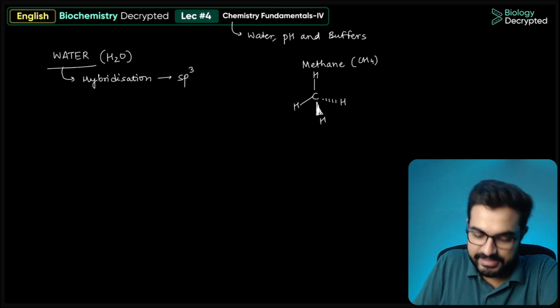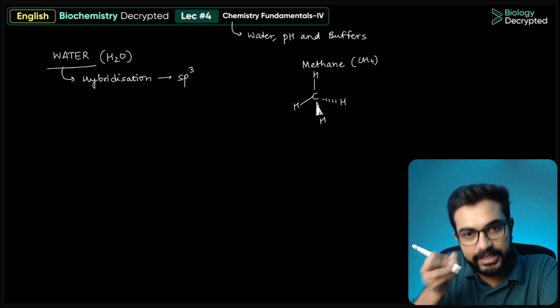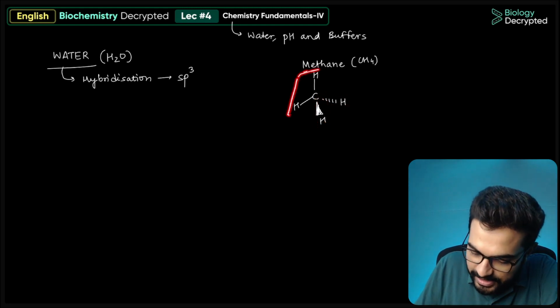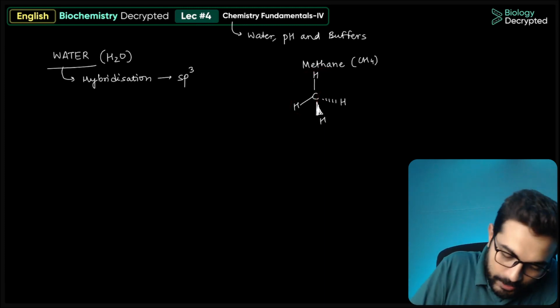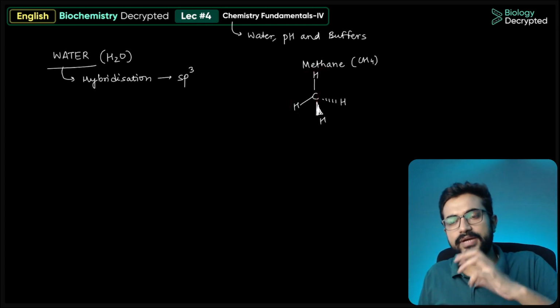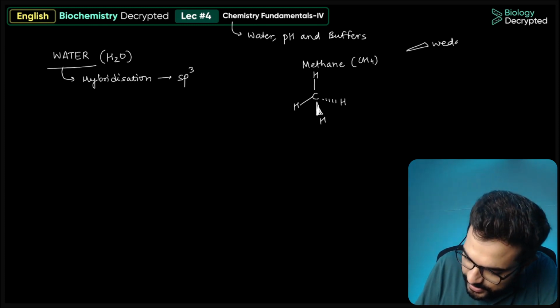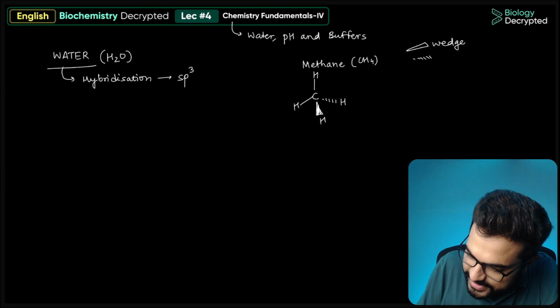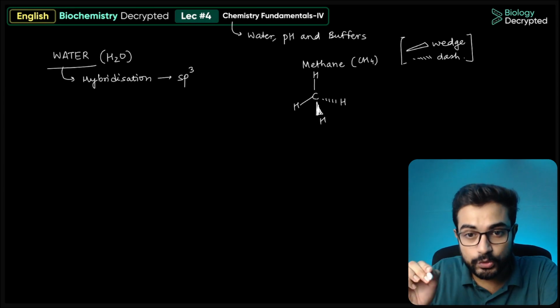This one is out of the plane, this is going into the plane, and these two are on the plane itself. Let me tell you again, this is known as a wedge, and this is known as a dash. A wedge projects out of the plane, and a dash projects into the plane.